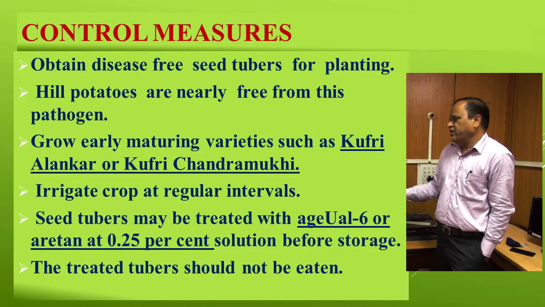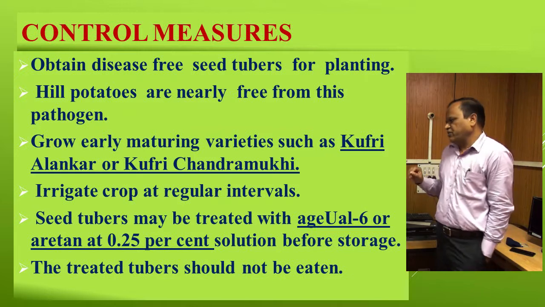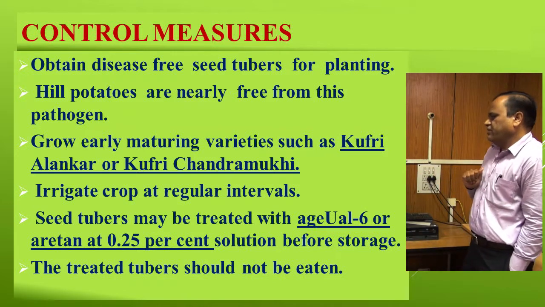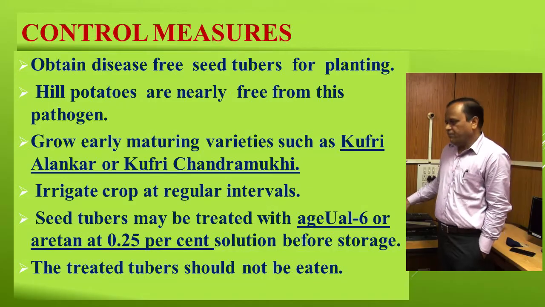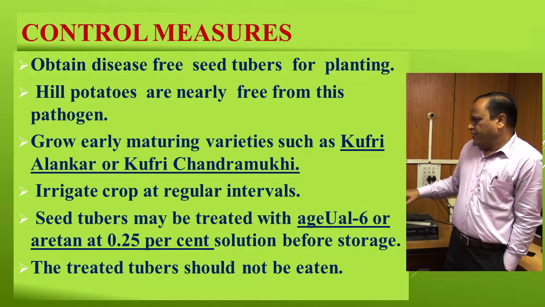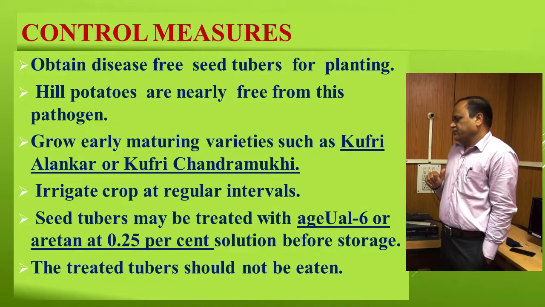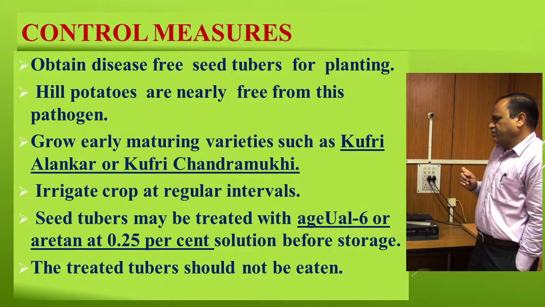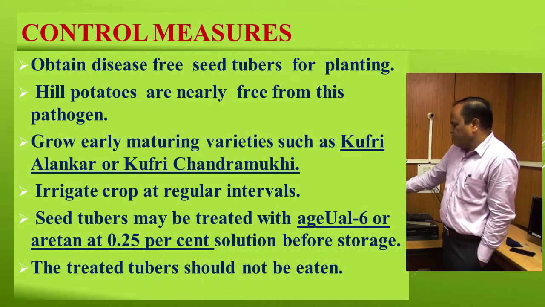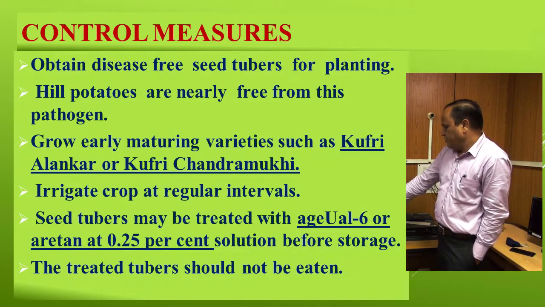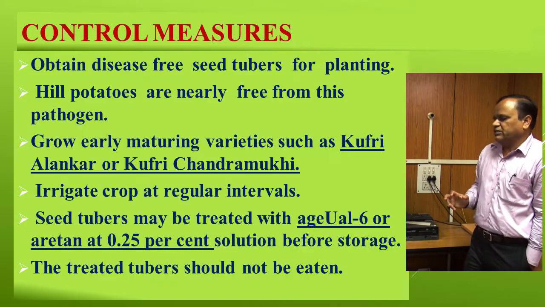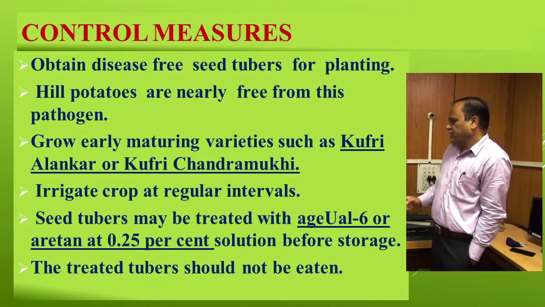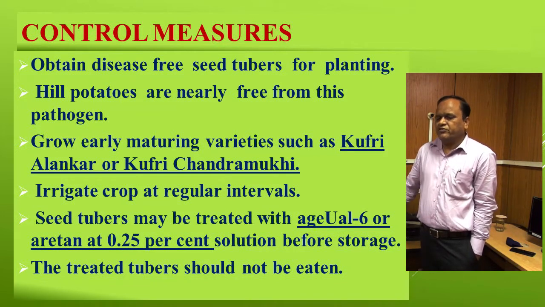Irrigate the crop at regular intervals. There should be no moisture stress condition. Seed tuber may be treated with Agallol 6 or Aretan at 0.25% solution before storage. The treated tuber should not be eaten. If you have treated it with Aretan or this fungicide, then you should avoid consuming this tuber. It will only be used for seed purposes.